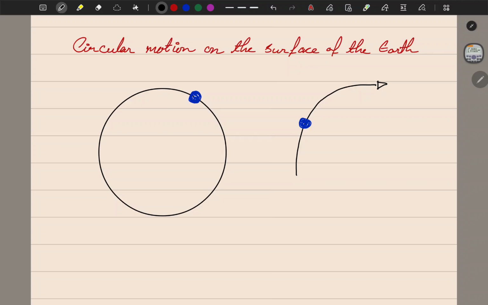how to derive and use the mathematical formulas that govern this motion, and how cars, bicycles, and motorbikes physically maintain a circular motion while moving on the surface of the earth, whether they are doing a turn or going through a circular path.